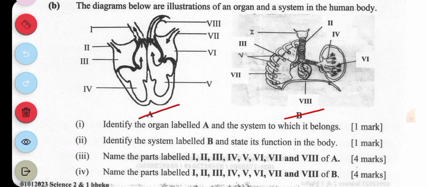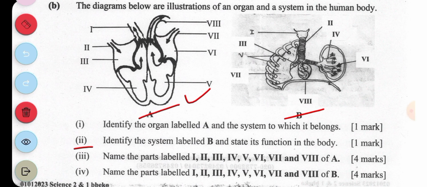The organ A is the human mammalian heart, and it belongs to the circulatory system. II is asking to identify the system labeled B and state its function. This is the respiratory system, and its function is to deliver oxygen to the red blood cells.